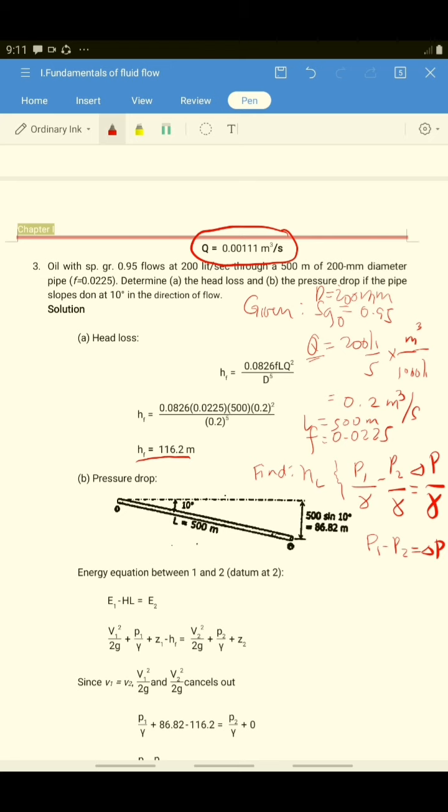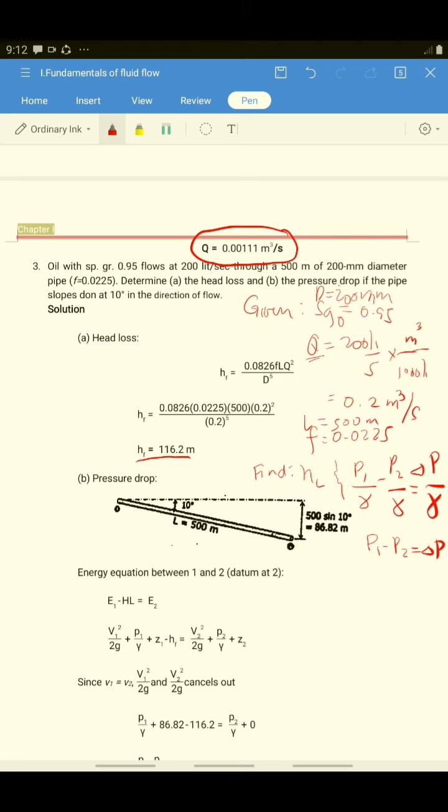So you can directly determine the head loss. But here, the head loss we considered is only due to the friction factor. The head loss is only the major loss due to friction, because there's no pipe fittings in the problem.